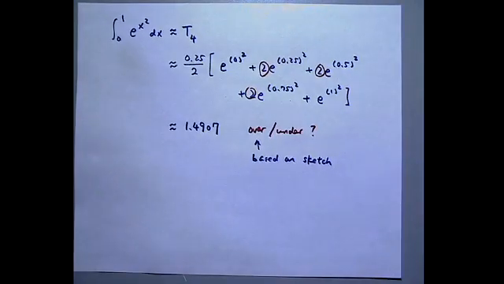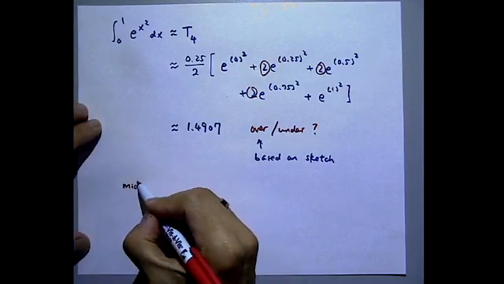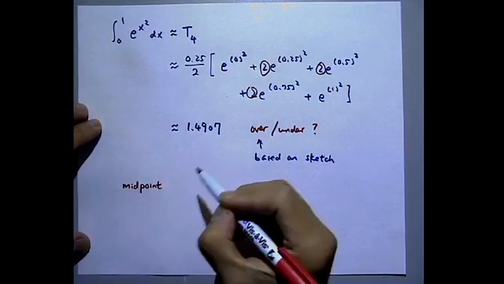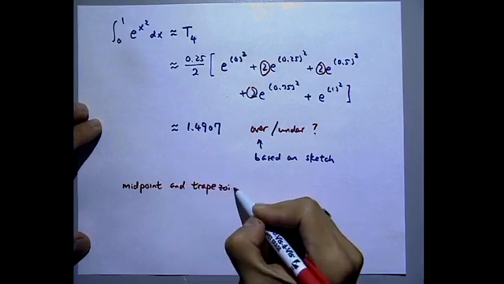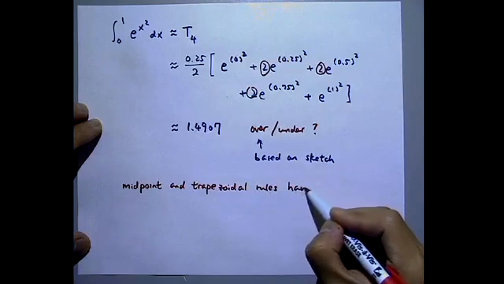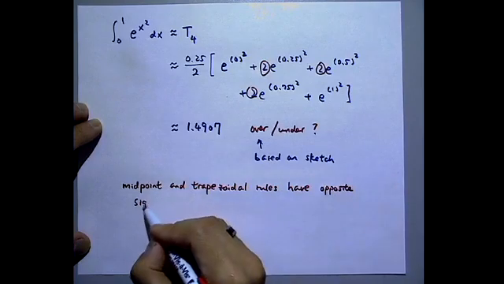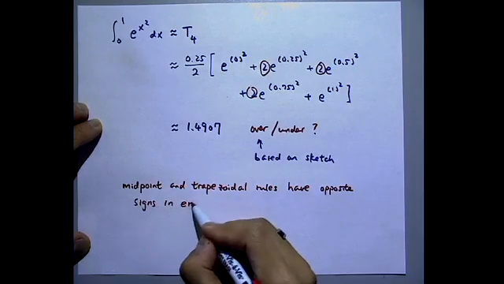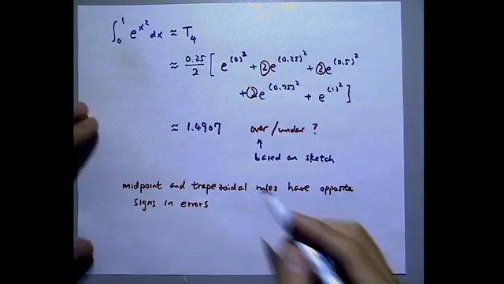The midpoint rule and the trapezoidal rule will always give you 1 over and 1 under. In other words, they have opposite signs in the errors. The error is the true value versus the approximated value.